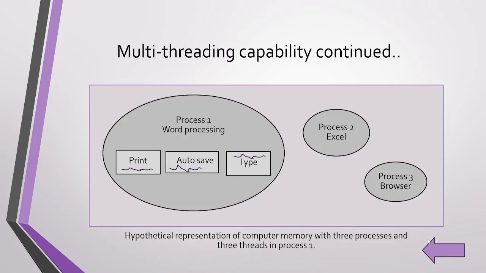Let's understand this concept. For example, in a computer, we have opened three processes. One is word processing, second one is Excel, third one is a browser. So, different tabs of a browser are nothing but threads, simultaneous execution. Now, in word processing, suppose I have given a print command. It's a big file, so it keeps on printing.